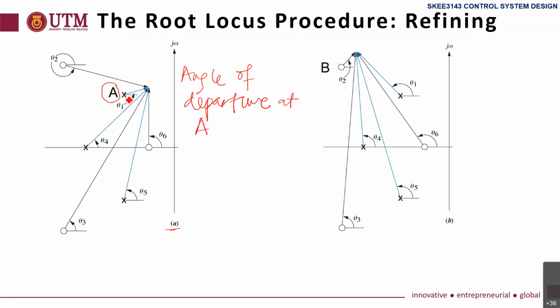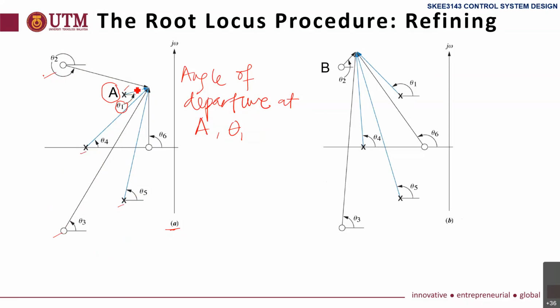Again, this is a complex pole, that's why we have an angle of departure. The angle of departure here is theta 1. Theta 1 here is the angle of departure, that means the angle it starts to move, to go out. We have one zero here, another zero here, and poles 1, 2, 3, so 3 poles.